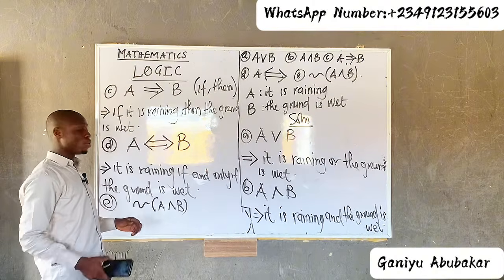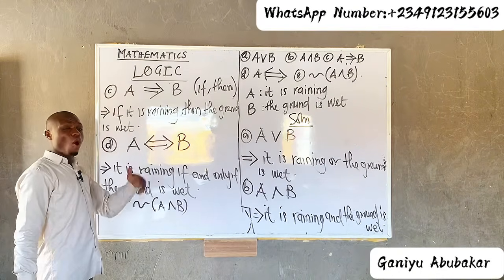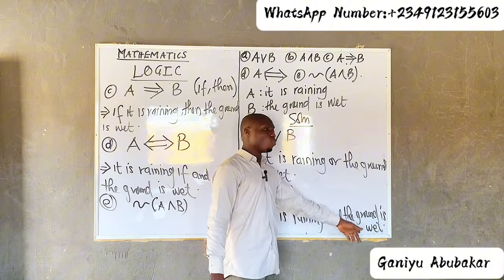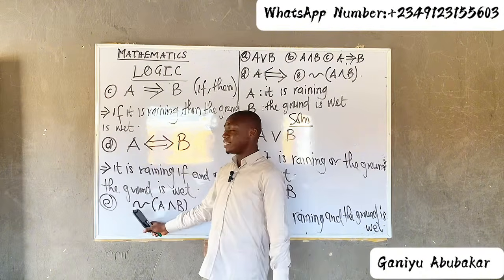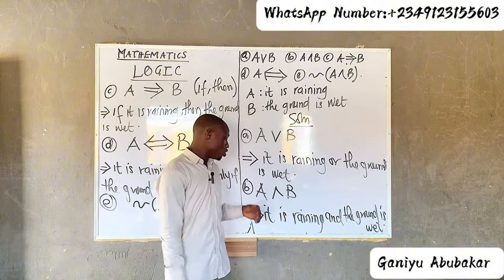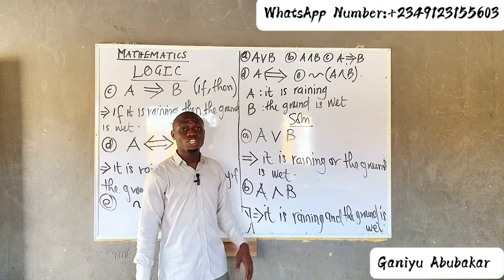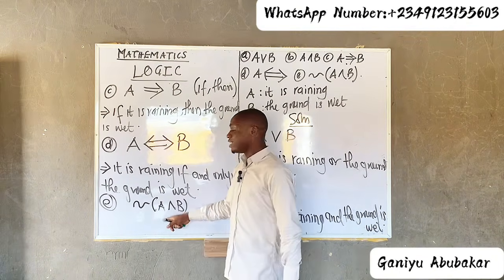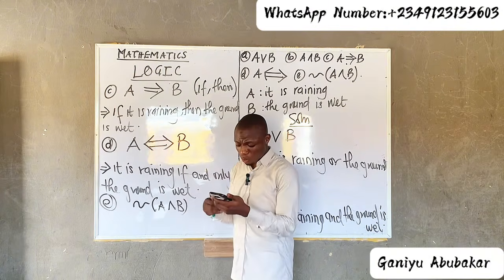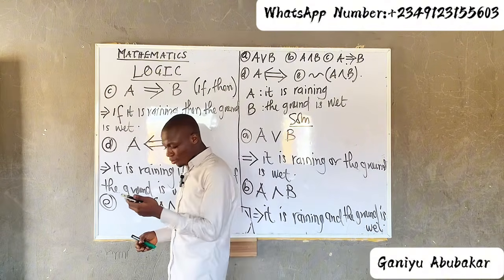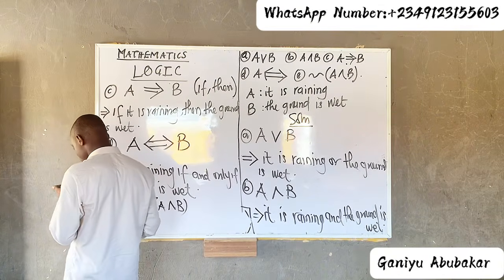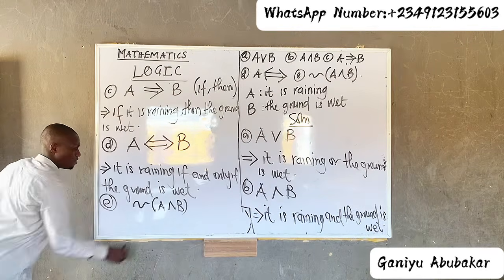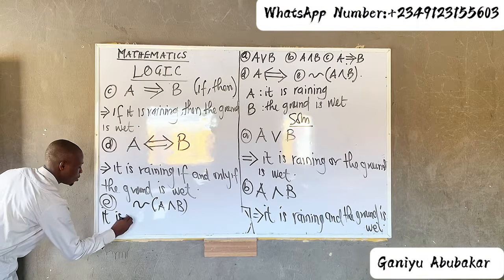So the symbol signifies the opposite of something. For this negation, it becomes "it is not raining and the ground is not wet."